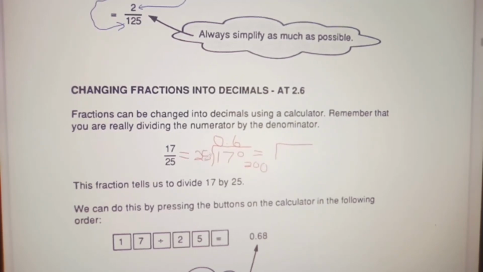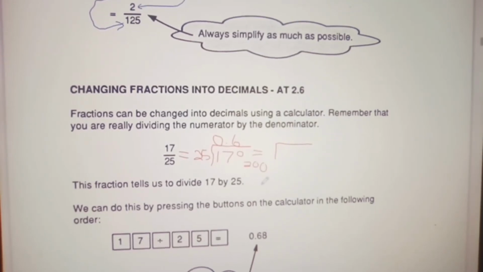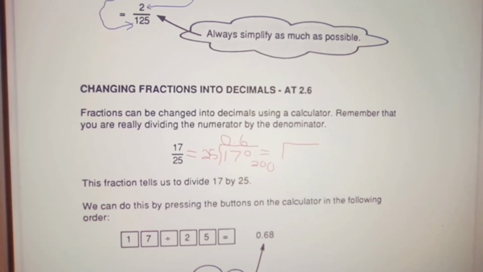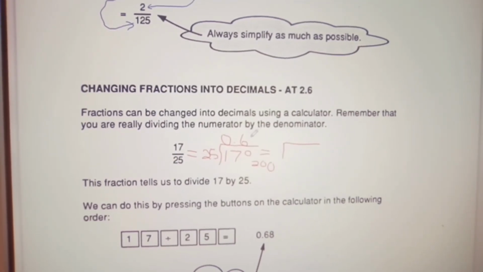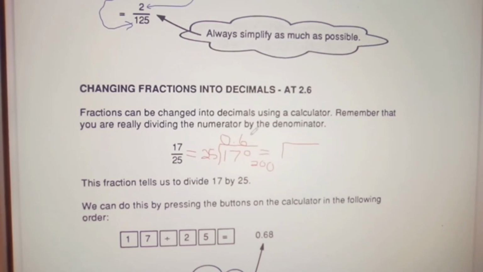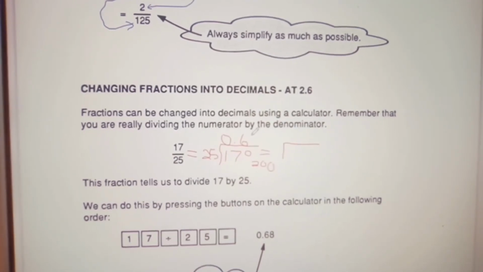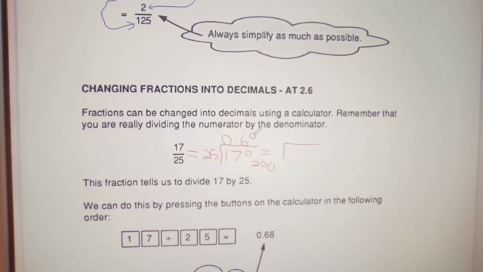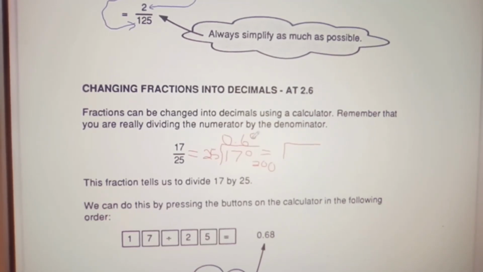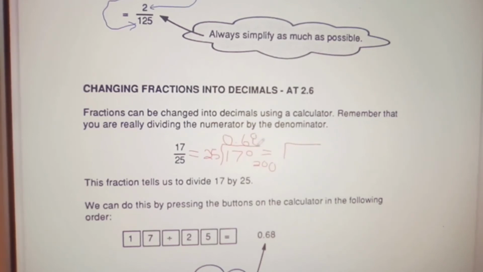Now what I need to say is 25 into 200. We know that 25 into 100 goes 4 times. If it's 200, therefore it's going to be 8 times. So here we have 0.68, and we put the 8 here, okay? Right. So therefore it's equal to 0.68.